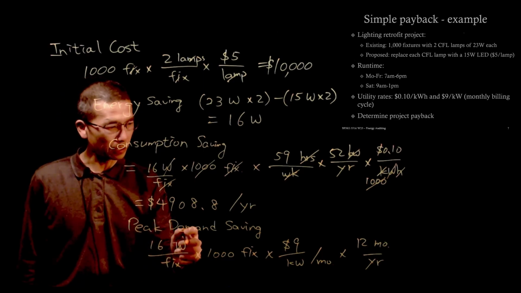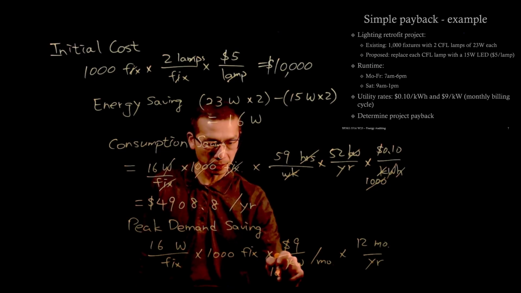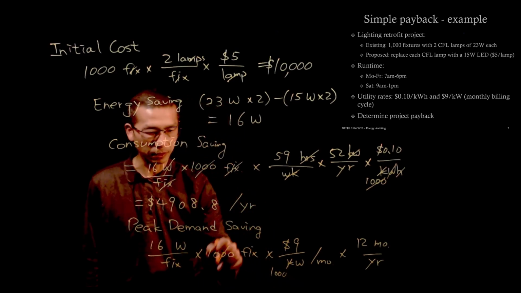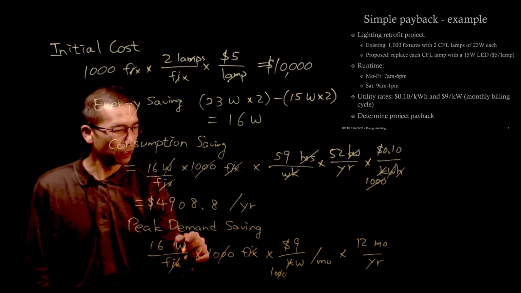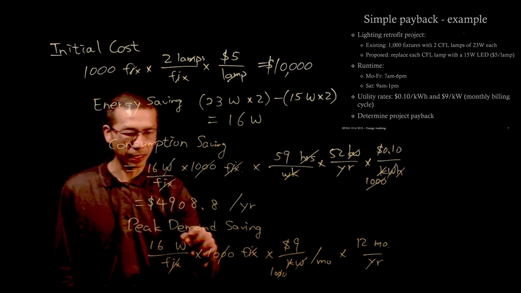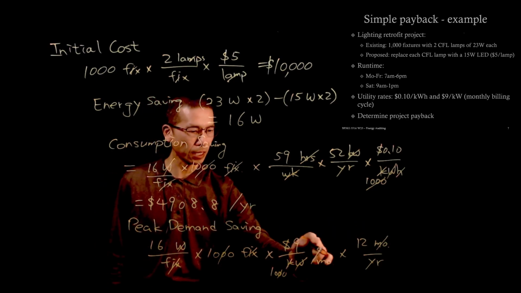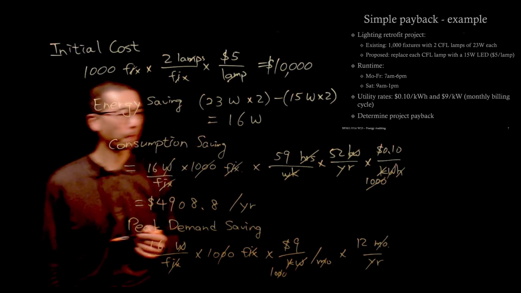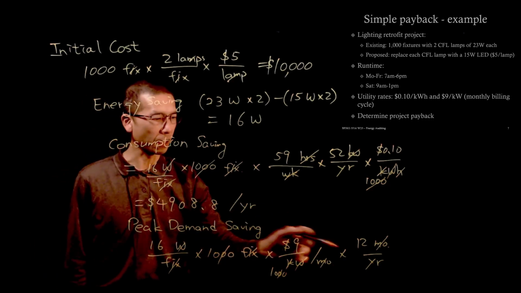Let's check the unit again. This kilowatt, so I have a 1,000 here. This 1,000 cancels. This fixture cancels. The watt cancels. And the month cancels. Right? So now we have dollar sign per year again.